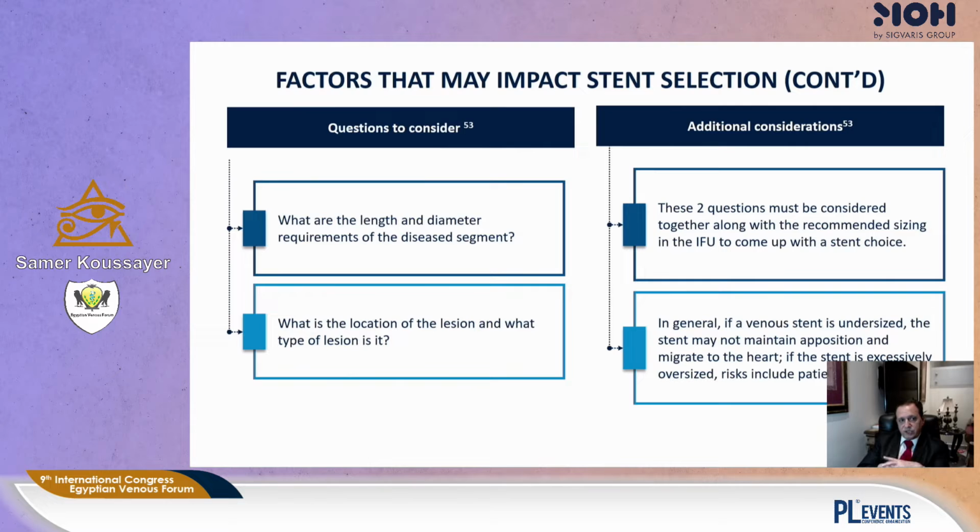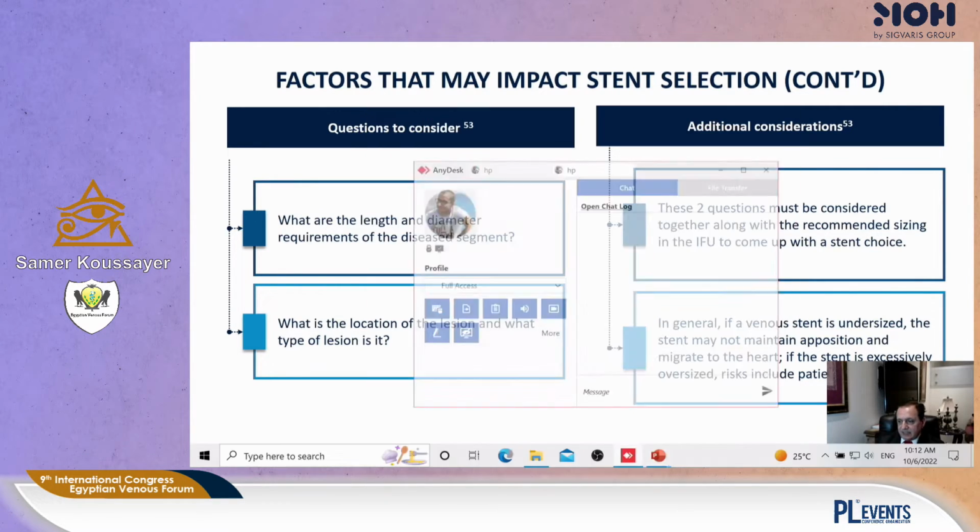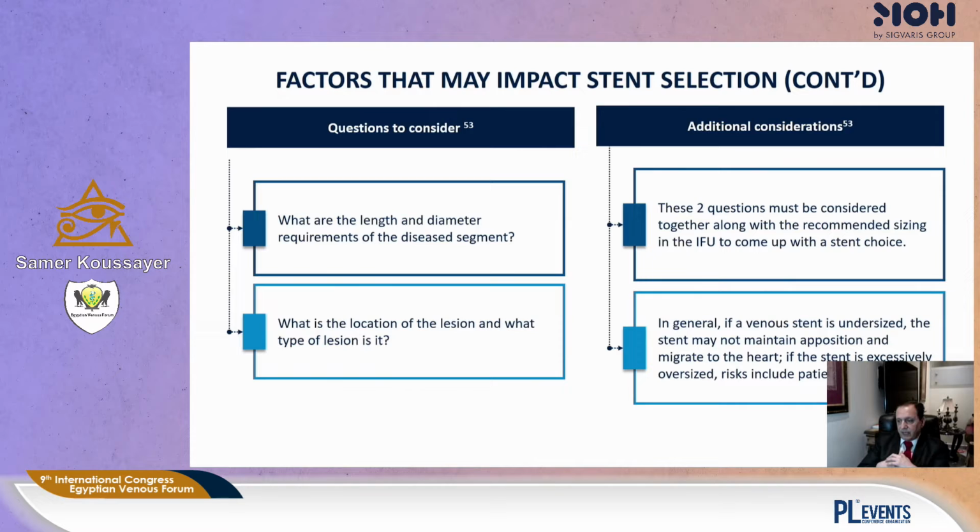Another two questions. What are the length and diameter requirements for the diseased segment I'm going to choose a stent for? What is the location of the lesion and what type of lesion is it? These two questions must be considered together along with the recommended size by the company. But in general, if the venous stent is undersized, the stent may not maintain its position and may migrate to the heart.